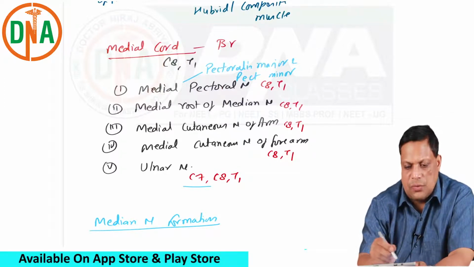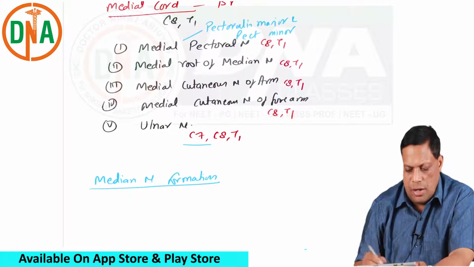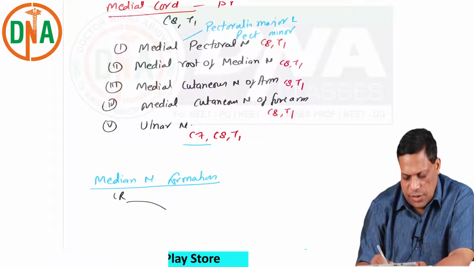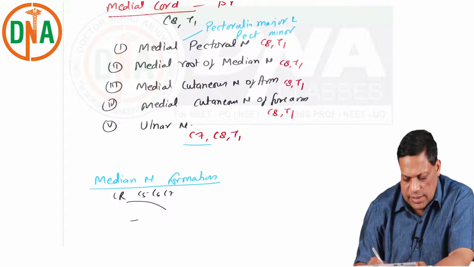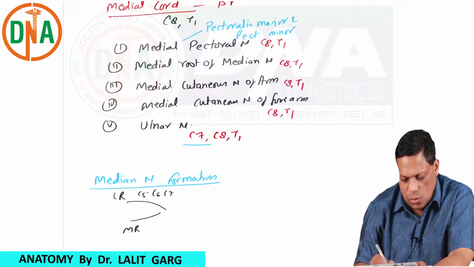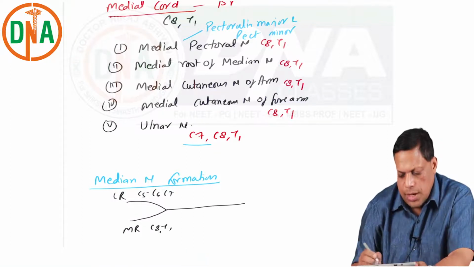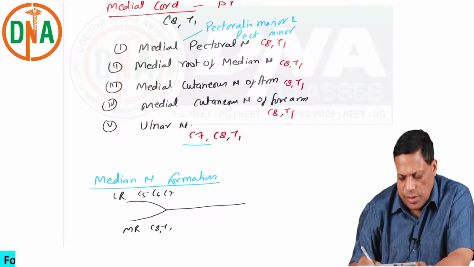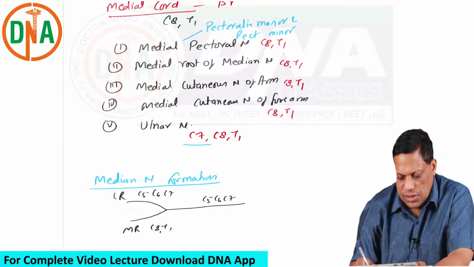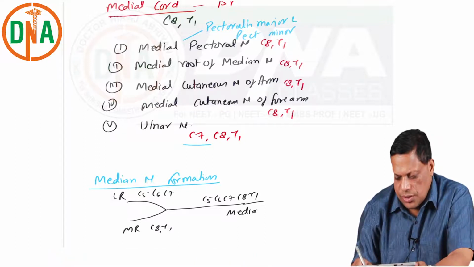The median nerve is formed by the union of two roots: the lateral root of median nerve, whose root value is C5, C6, C7, and the medial root of the median nerve, whose root value is C8, T1. These two roots unite to form the median nerve. So final root value of median nerve is C5, C6, C7, C8, T1.